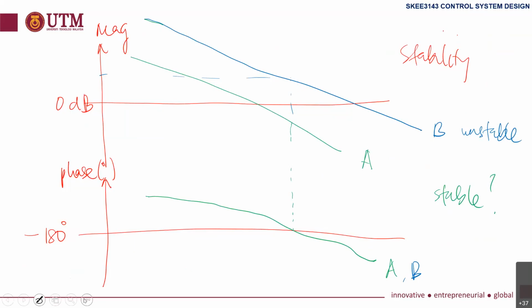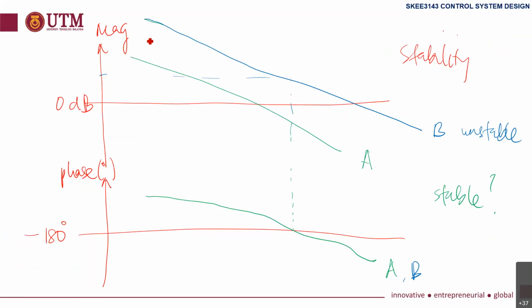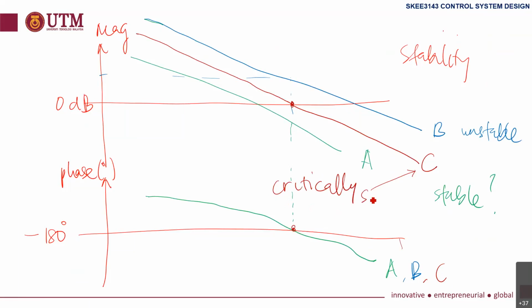And if we have in between, system C, same phase but different magnitude, and at 180 degrees it is 0 dB. This is called critically stable, or sometimes people call it marginally stable.